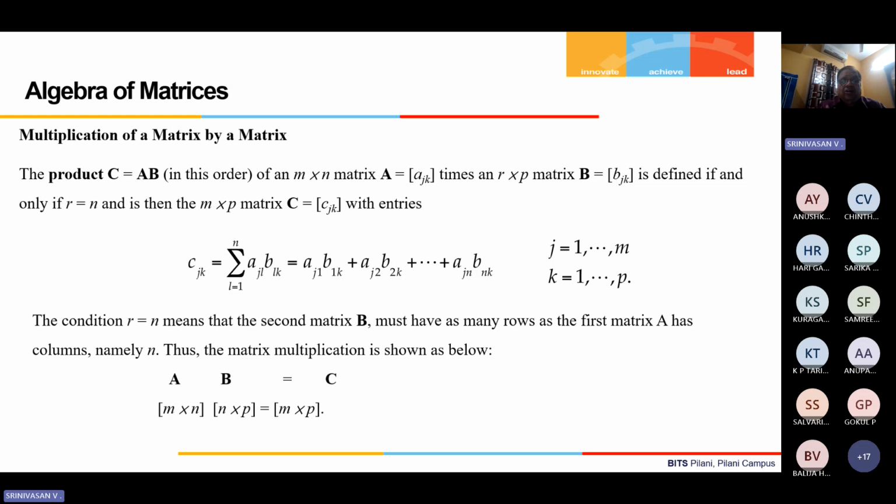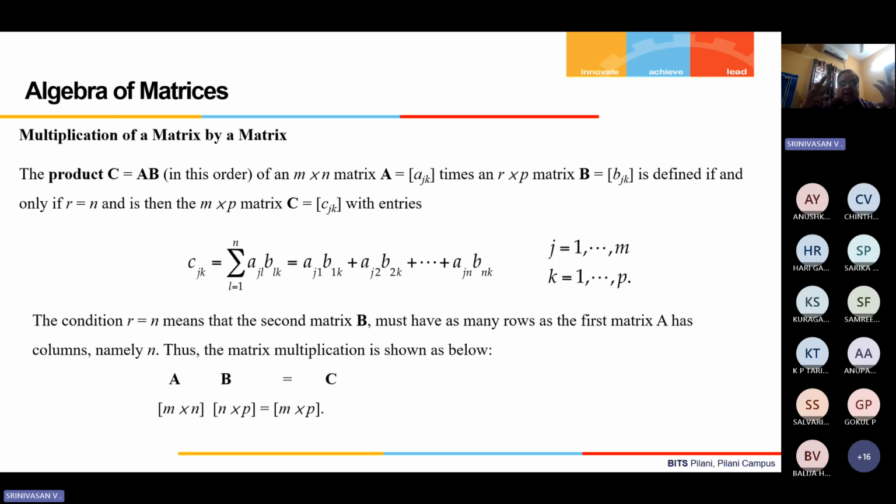You just look here. Okay. So what's the meaning? The number of columns of the first matrix should be the same as the number of rows of the second matrix. That is what it means.